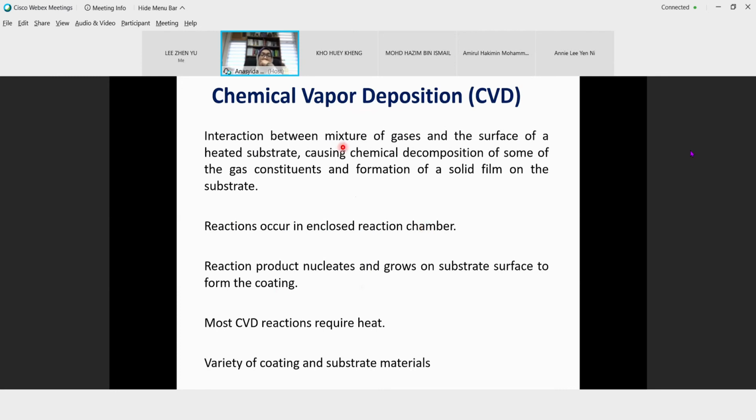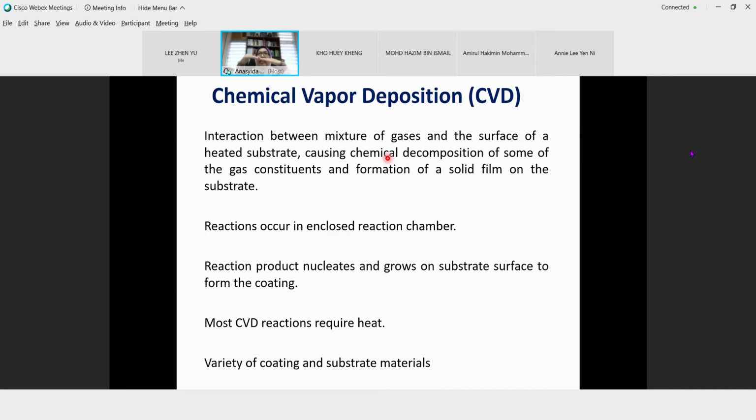And the last, well, not the last, but for the vapor coating process, we have another coating process we call chemical deposition. It uses the same concept of vapor, but in this case they are using a gas. We can condense the gases in a furnace.